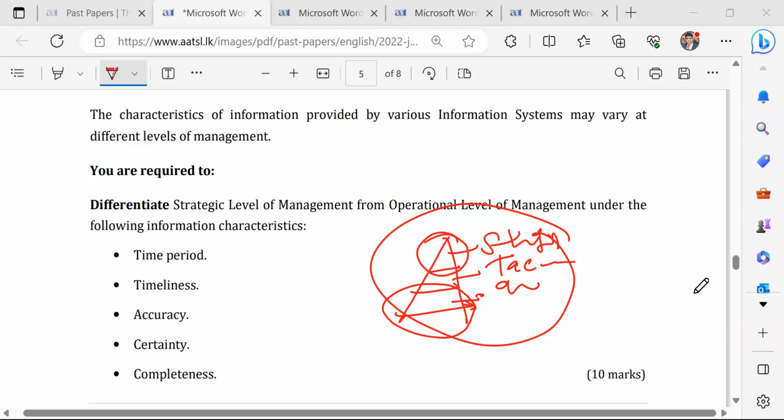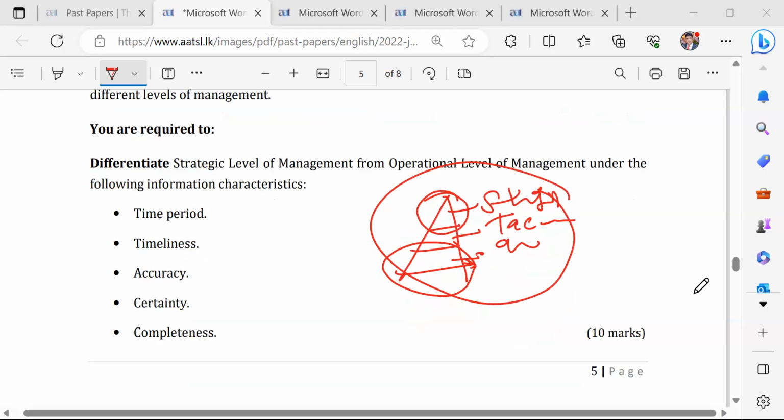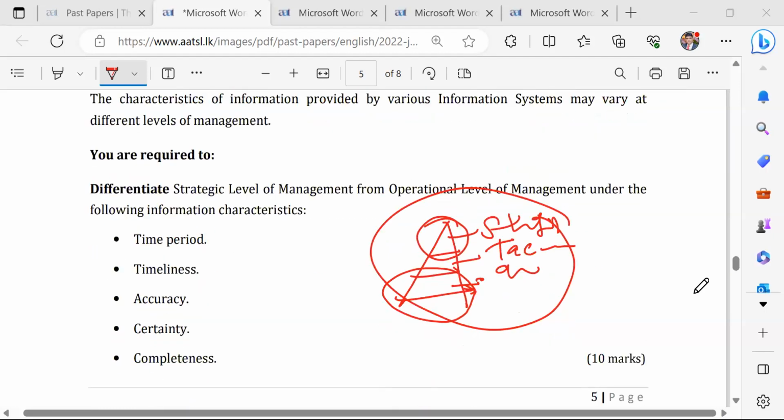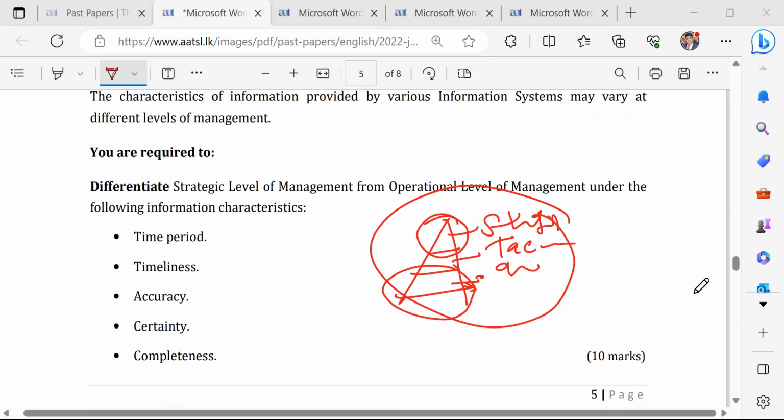Normally, they are considerable summaries. Then high accuracy is never expected at the top level. That is the comparison of operational level information and strategic level information based on these criteria.